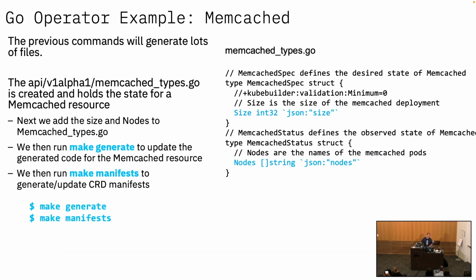And then there are some other commands that will generate the skeleton code for those fields. Again, we talked about two fields. One was size, and it's an int32. The other was the names of the nodes where things are running. The Operator SDK gives you a make generate command to generate the code, and then we run make manifests, which will generate the CRD manifest.